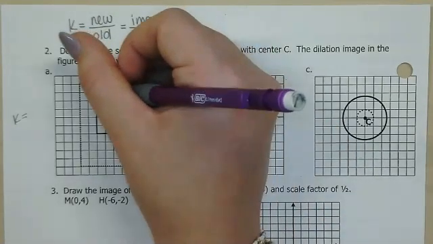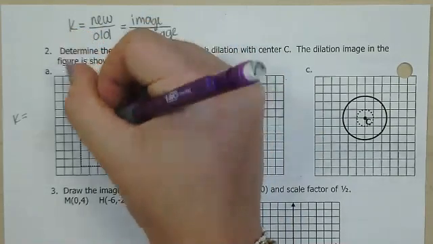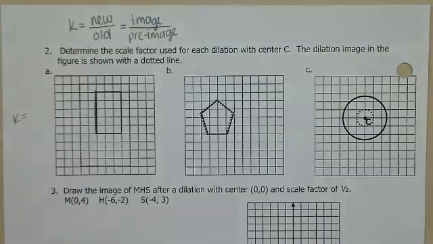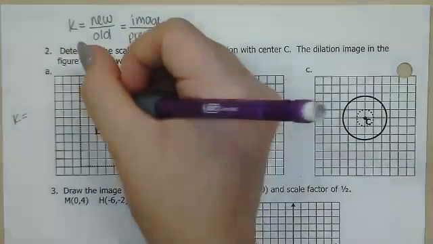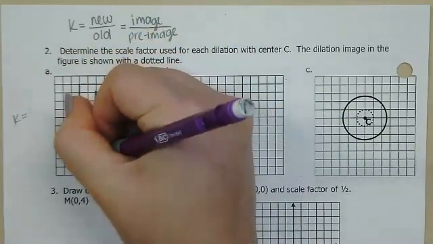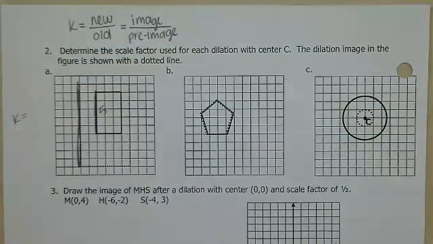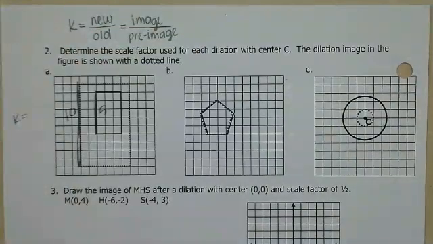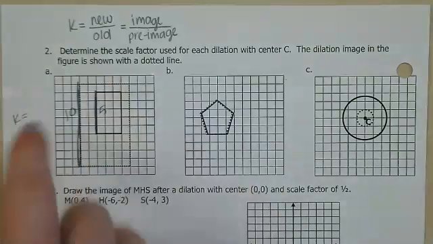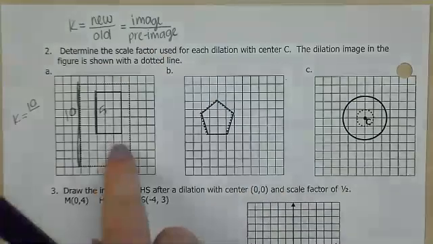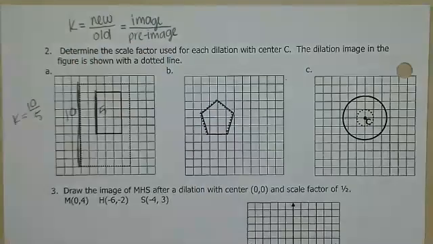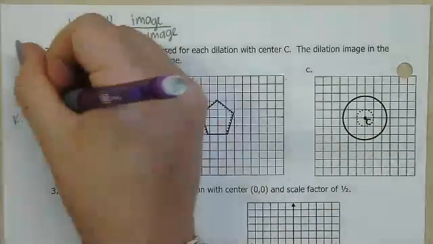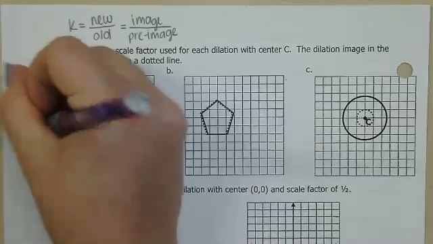So for example, I could say that I know that this side over here is how many units long? 5. And this side over here is how many units long on the dotted figure? 10. And that would be enough information to set up a scale factor. So we put new, which we said is dotted, over old, which is the bolded one. So 10 over 5, what would that mean my scale factor is? 2. And like you guys said, that is an enlargement.